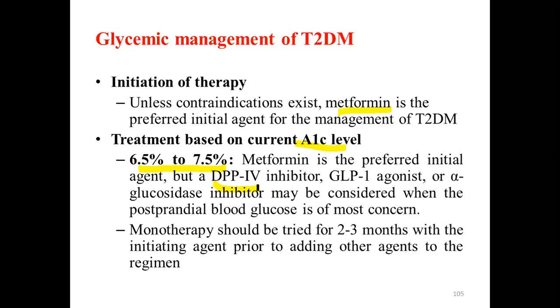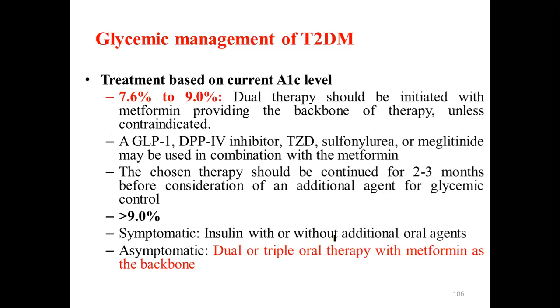However, before you consider changing or adding another medication, you have to try a minimum of 2 to 3 months with the initial agent. That is the recommendation from the American Diabetes Association.